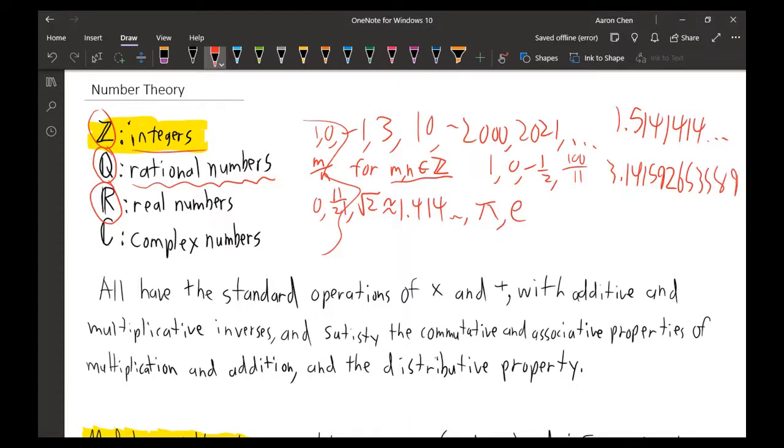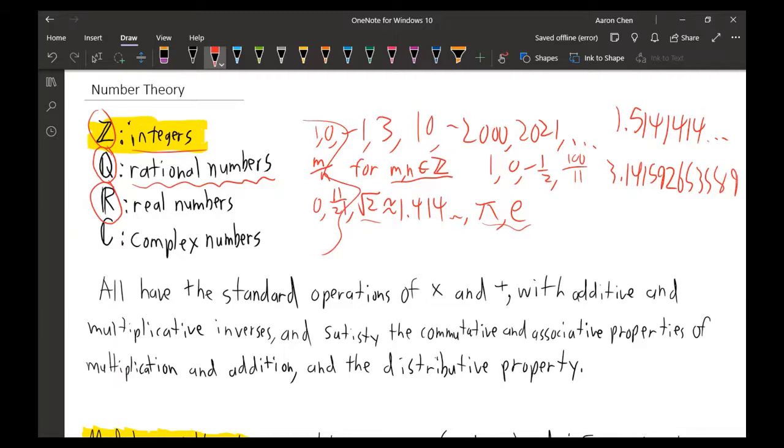Pi and e are slightly unlike the square root of 2, because pi and e have a property where they are called transcendental. What transcendental means is that they cannot be roots of any polynomial with integer coefficients.